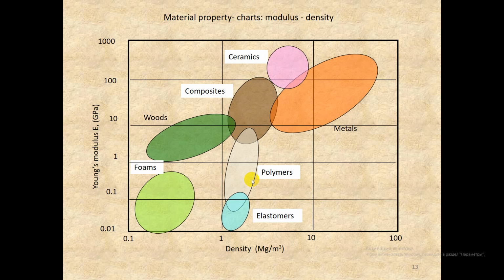Here you can see that engineering alloys, metals, and ceramics have high value of stiffness, but they are also dense, heavy.